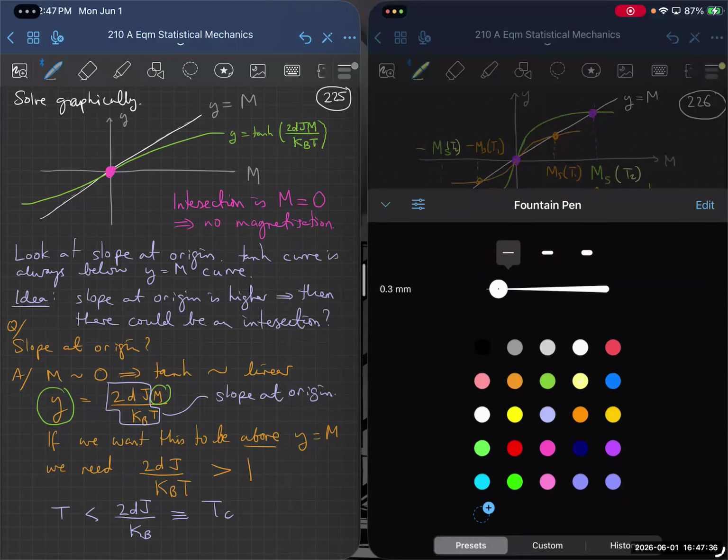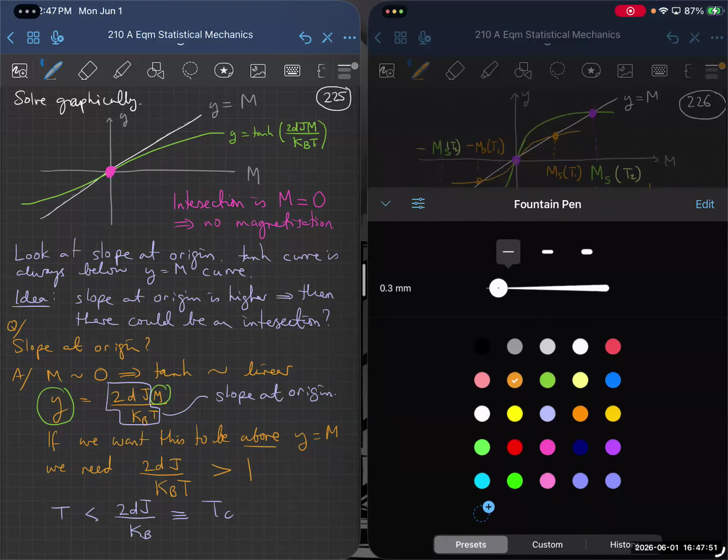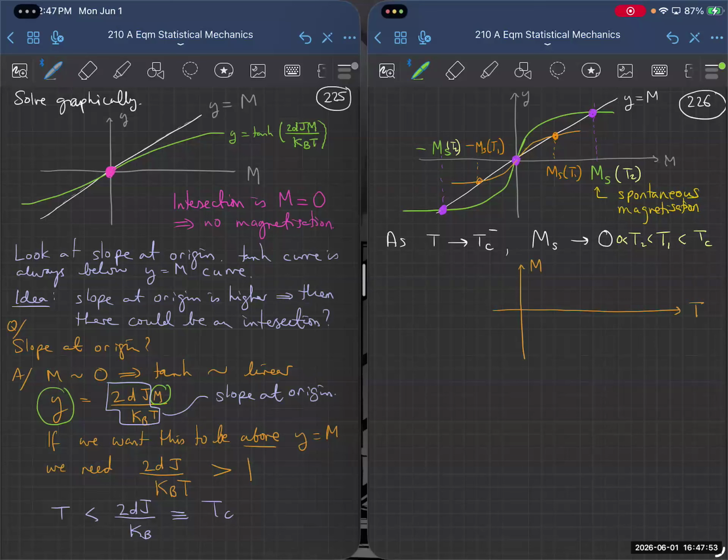And so then we can draw the spontaneous magnetization as a function of temperature. Like this. So what I have is that the spontaneous magnetization is coming down like so, and then it's equal to 0. And this temperature here is Tc, and this value over here is 1, and this is 0.